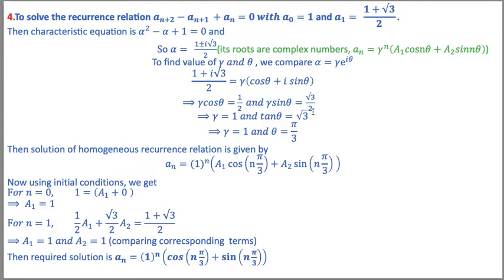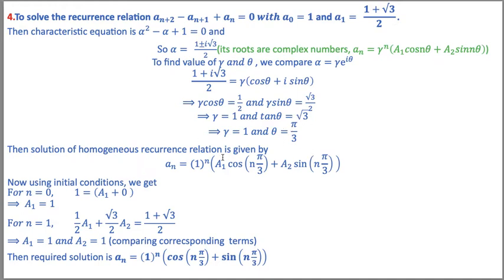So it means γ is 1. If we divide these two, γ sin θ upon γ cos θ is tan θ, because gamma will cancel out, and (√3/2)/(1/2) is √3.